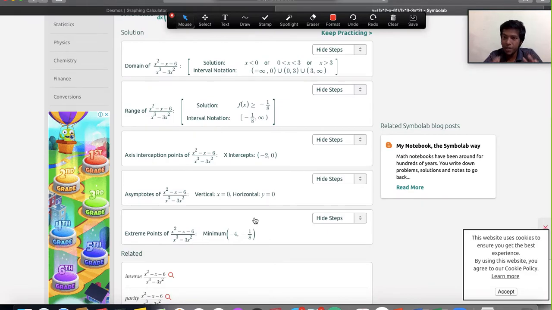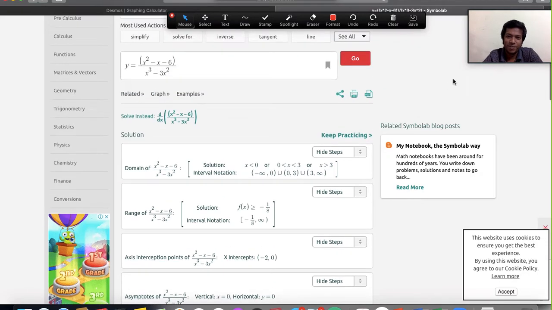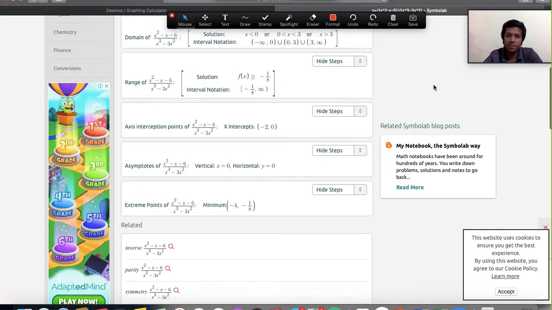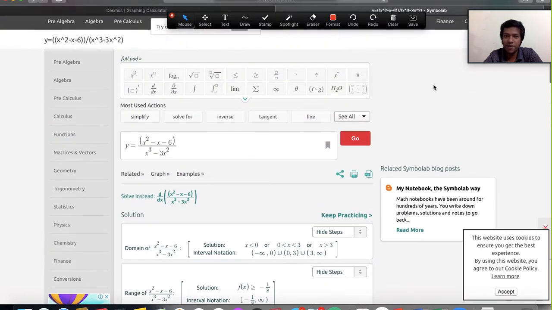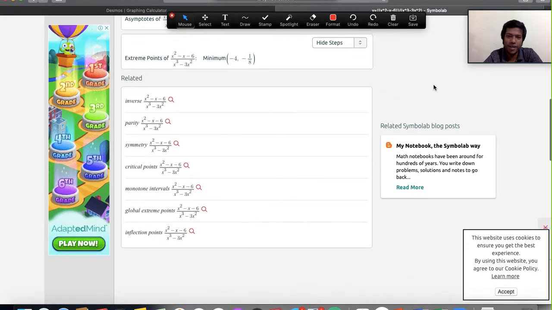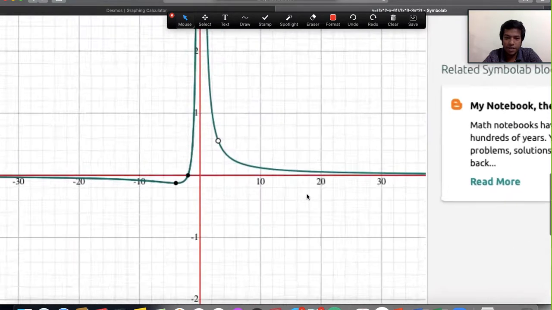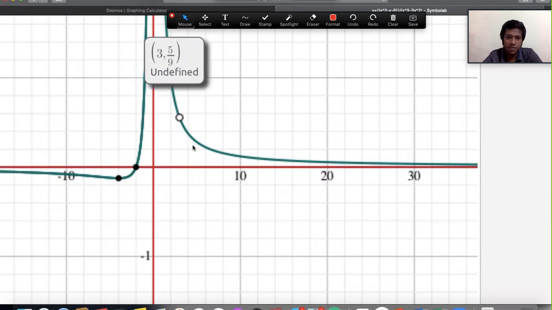If you are curious and careful, this is your kind of problem solver. Just for your checking, you can check everything here. That's why I said Symbolab is super powerful. It will calculate everything. So this is the graph, and this is the hole. You can see that hole, and you can see 3 comma 5 by 9.